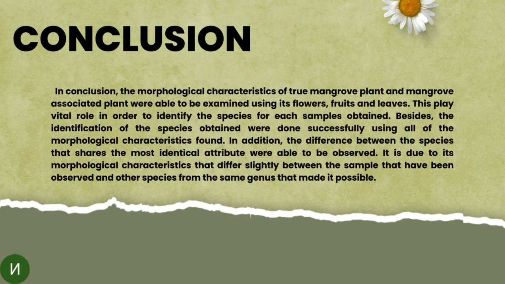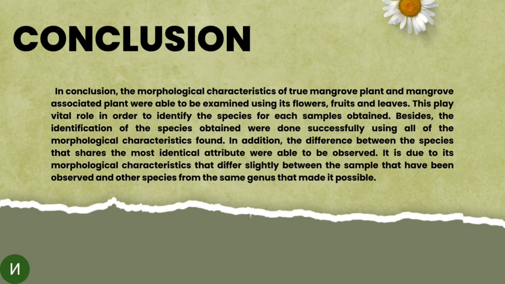In conclusion, the morphological characteristics of the true mangrove plant and the mangrove associated plant were able to be examined using their flowers, fruits, and leaves. This plays a vital role in identifying the species of each sample obtained. Besides, the identification of the species obtained was done successfully using all of the morphological characteristics found.